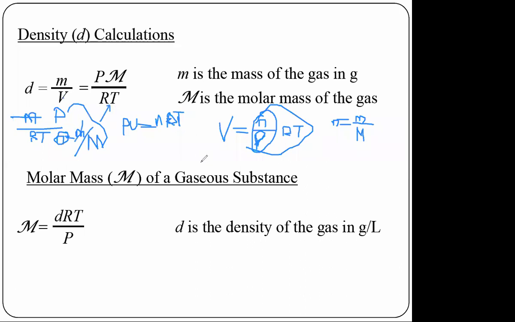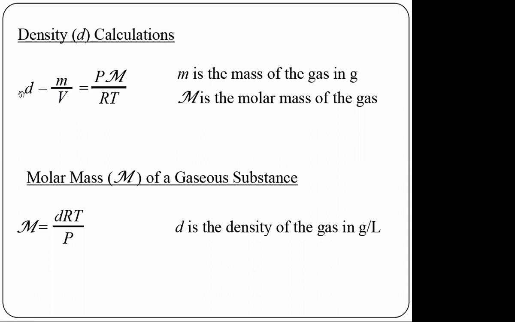Which means that if I have the density, the pressure, and the temperature, I can calculate the molar mass of the gas. So the molar mass of the gas can be calculated from this expression.